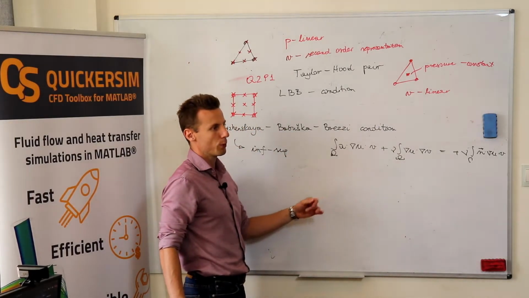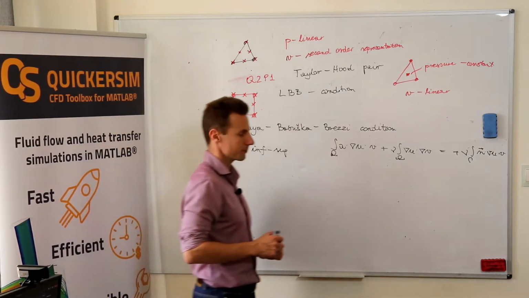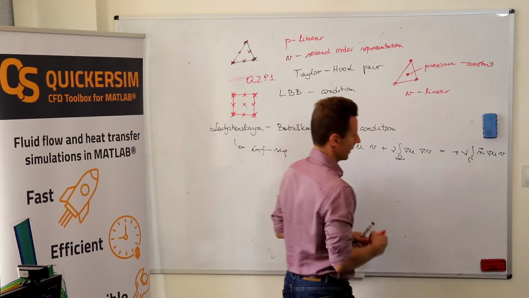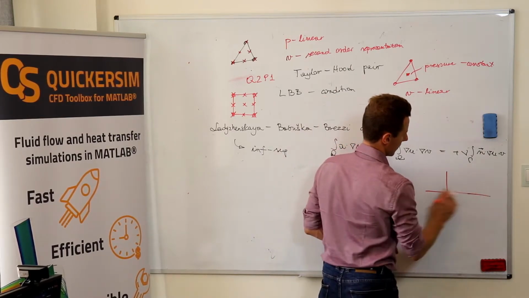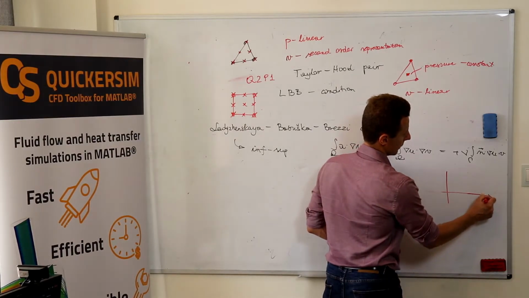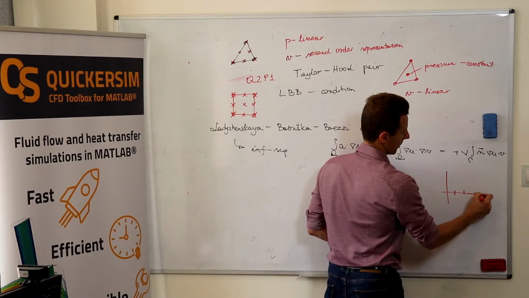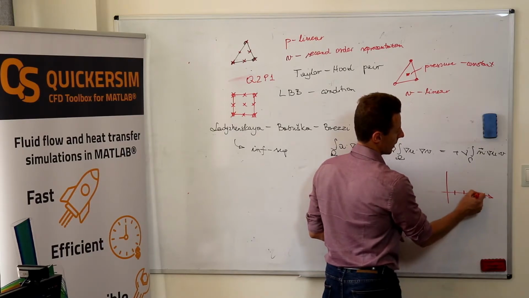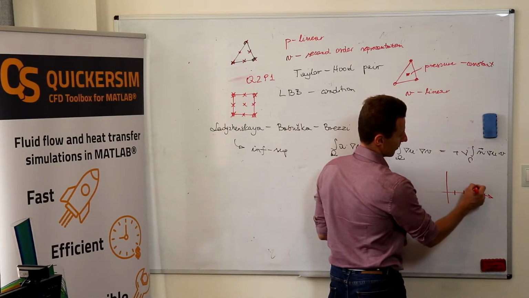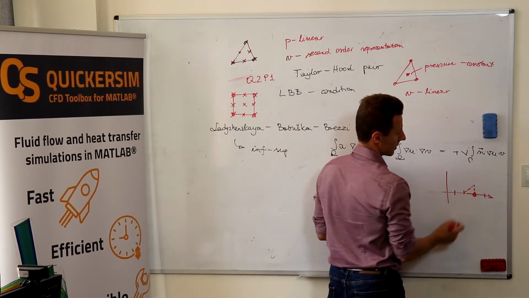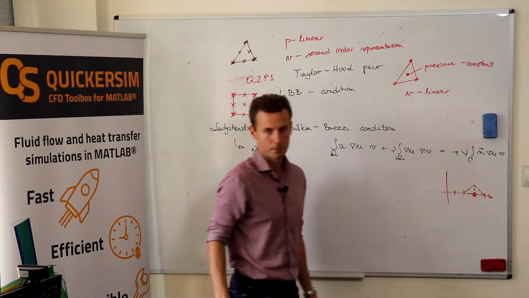Right now, if we want to do something that is similar to upwind, the trick is that normally when we assemble equations for this node, we would have such a test function that goes like this.